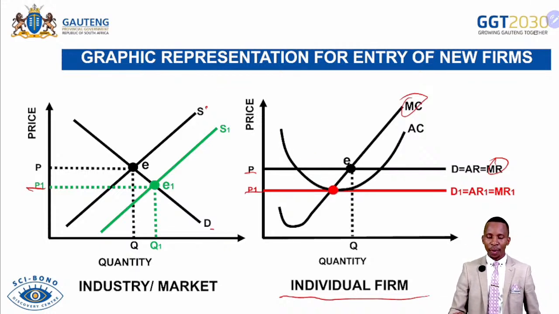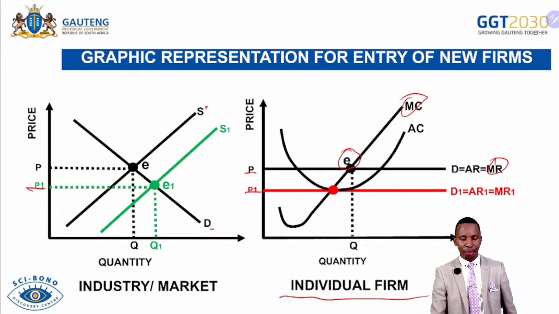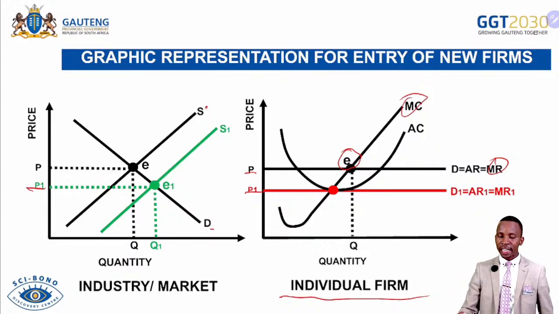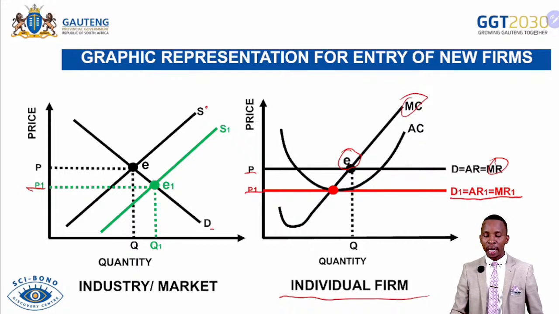There you go. We have our second equilibrium. Initially, we had the original equilibrium, and now we have the new equilibrium. Look at our average cost. Our average cost curve is just touching the new D1 equals AR equals MR1.